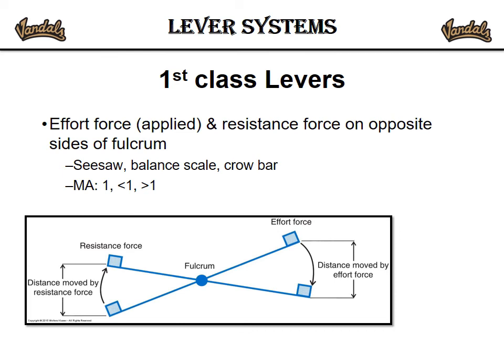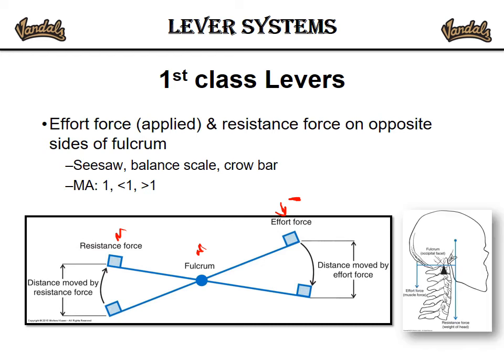But here's your resistive force, the applied force, and then your fulcrum. And when we go forward and talk about inside of the body, the effort force is going to be your skeletal muscle contraction force, and where the tendon or the insertion on the bone is in relationship to the resistive force and the fulcrum. So in the human body, we see this a lot with the way the skull moves over its attachment with the vertebra.